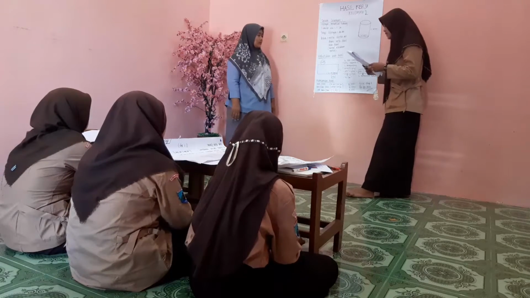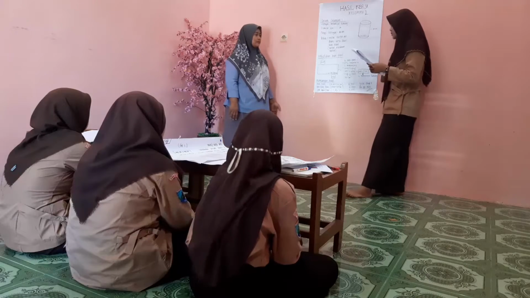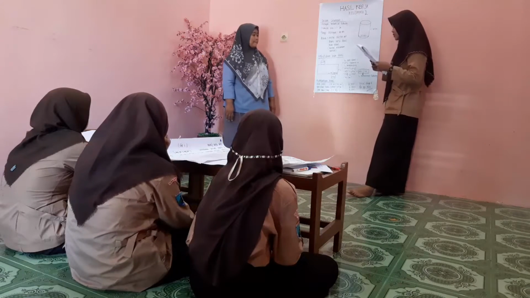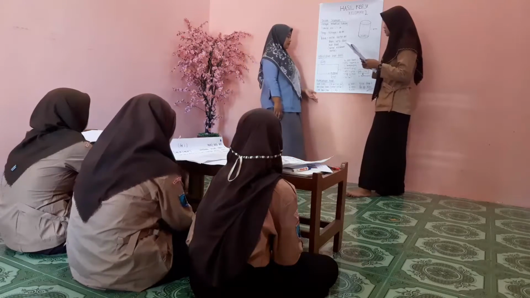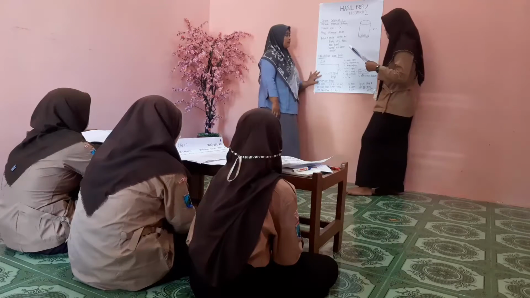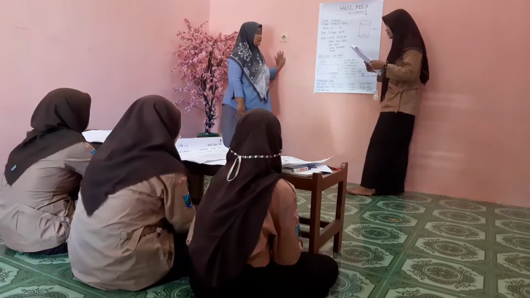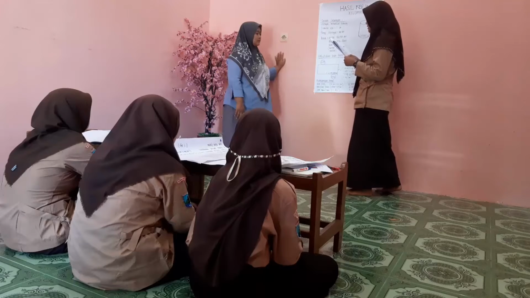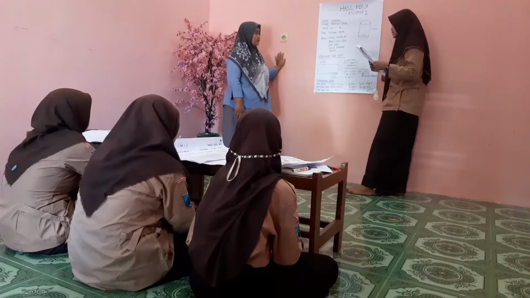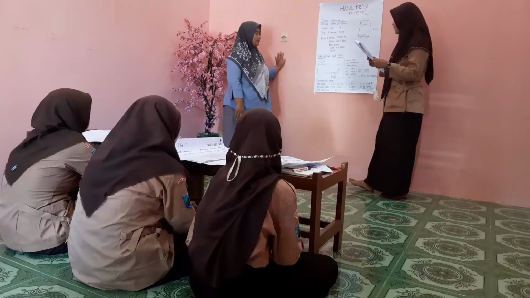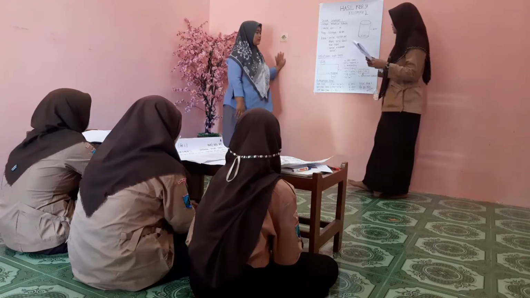Then, what about the cost? Because we need 737 centimeters square of fabric, our group decided to buy a flannel measuring 30 centimeters times 30 centimeters at a price of 8,700 rupiah.